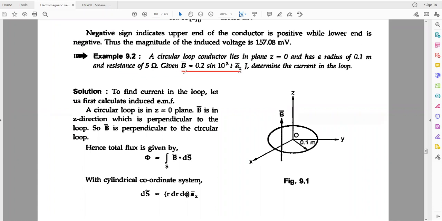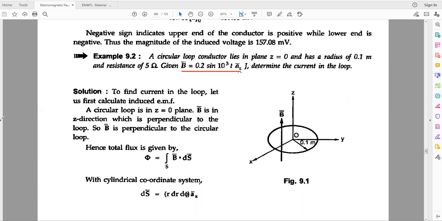Given B bar is equal to 0.2 sine 10 power 3 t AZ bar. Determine the current in the loop.